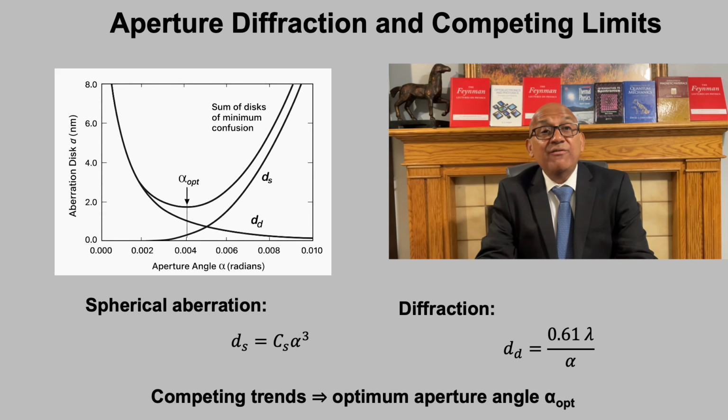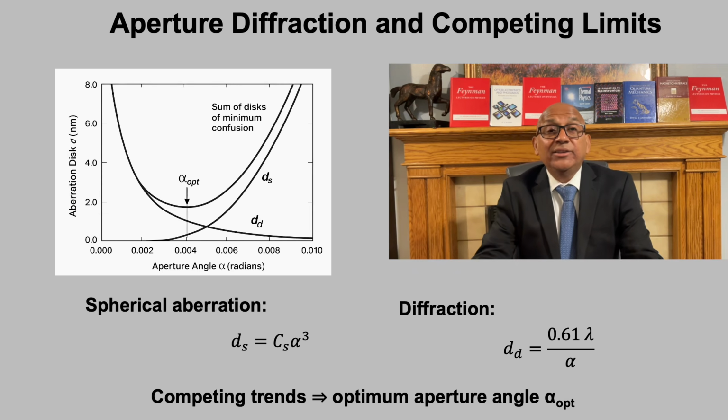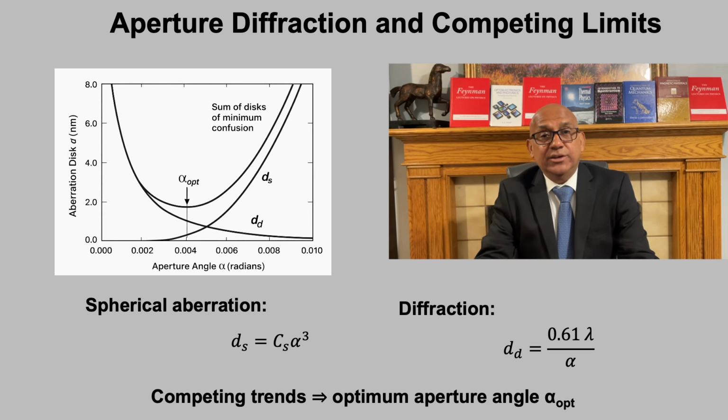Because electrons have wave nature, the diffraction limited probe size is given by d_d equals 0.61 times lambda divided by alpha. This tells us that reducing the aperture angle increases the diffraction blur, while increasing the aperture angle reduces diffraction effects. As a result, spherical aberration and diffraction compete with each other.